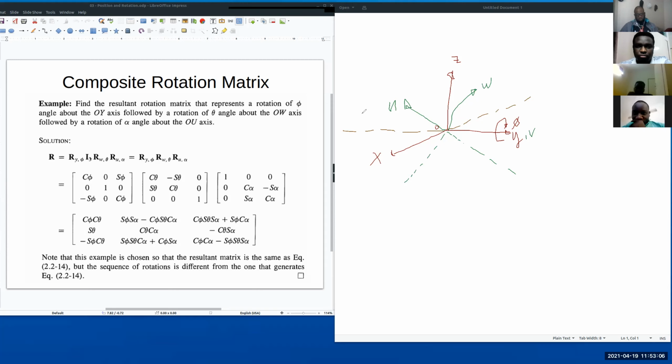Now from that new V and W axes, you're going to rotate by angle theta about OW. So we rotate about the OW axis, which is like that, by an angle theta.